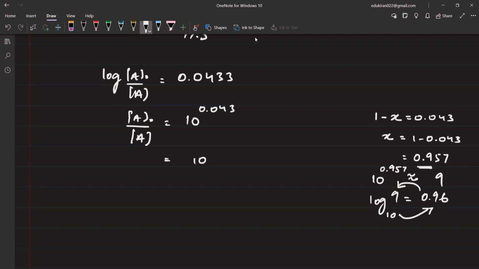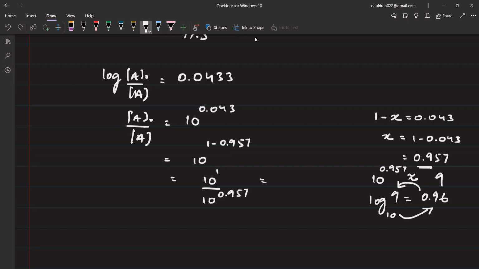Yes or no, please tell me. Okay, now look here. I can write this one as 10 to the power 1 minus 0.957, correct? I can also write this as 10 to the power 1 divided by 10 to the power 0.957.